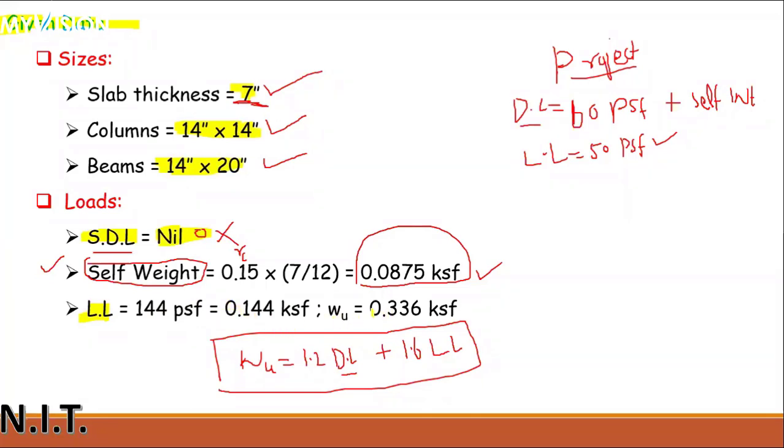How can we calculate this WU? WU can be calculated by this formula: 1.2 dead load plus 1.6 live load. 1.2 times the dead load value of 0.0875 plus 1.6 times the live load value of 0.144. Put these values together and you will get the answer, 0.336.